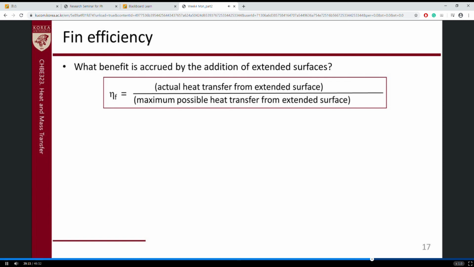All right. So this is the last slide for today. From this one, we can define one thing, which is fin efficiency.